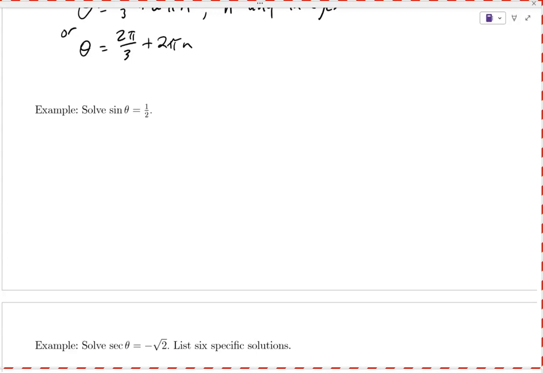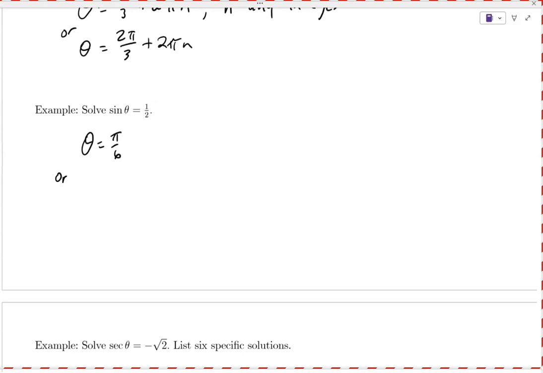So I'm looking for an angle in quadrant 1, and I'm looking for an angle in quadrant 2 that has a sine value of a half. Well, if the sine's going to equal a half, what's one of your angles? Pi over 6. That's the one that's in quadrant 1, right?